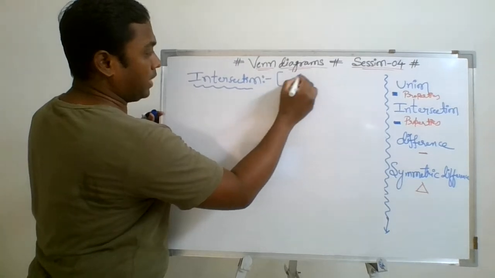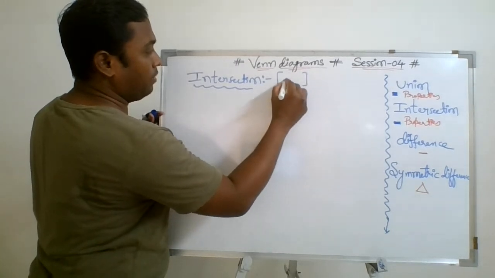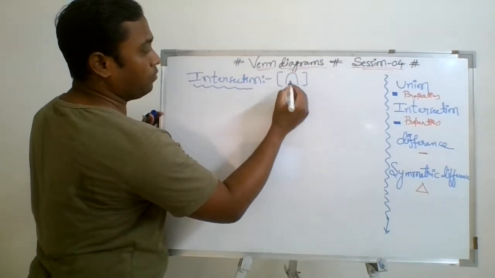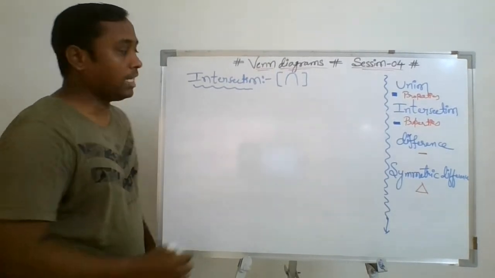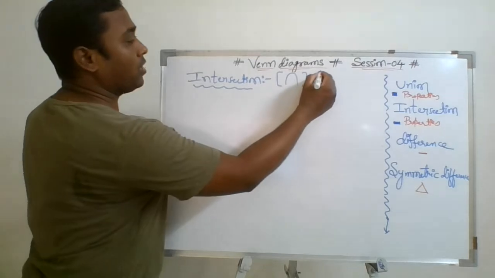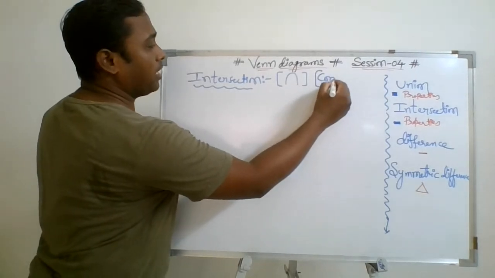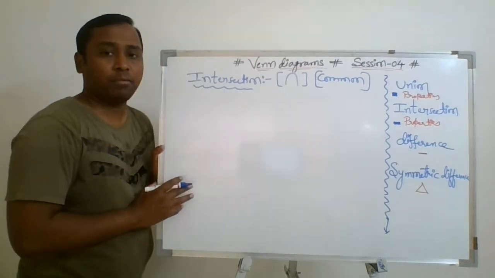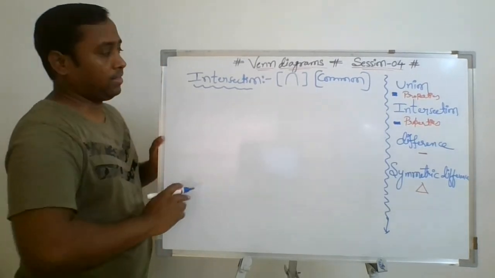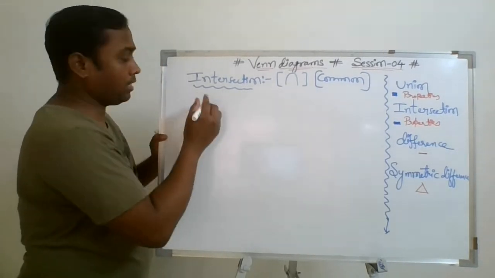Intersection of two sets is denoted by inverted U. This is the symbol used to represent the intersection. Intersection means, in general language, common elements. What are the common elements between the two sets? That is what we call intersection.